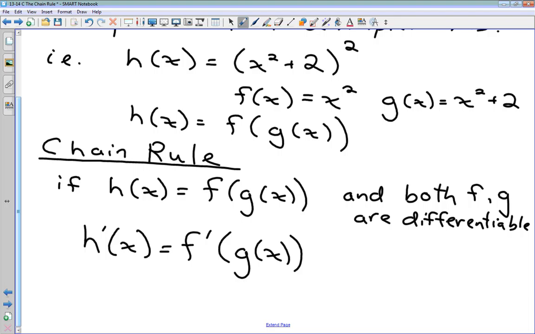So we're doing the composition of the derivative of f with g at x, and then we multiply the whole thing by the derivative of that function that we've subbed inside, so g primed at x.